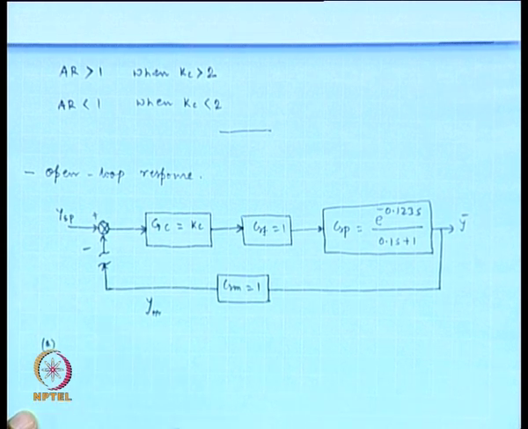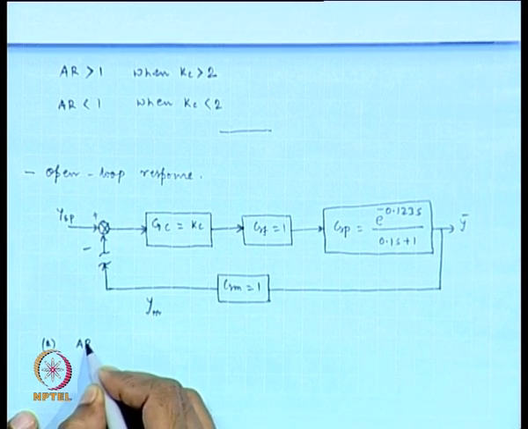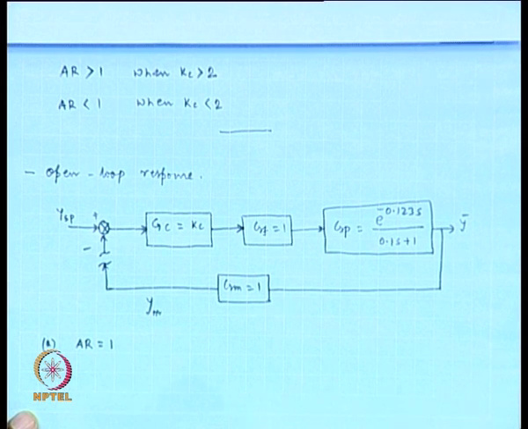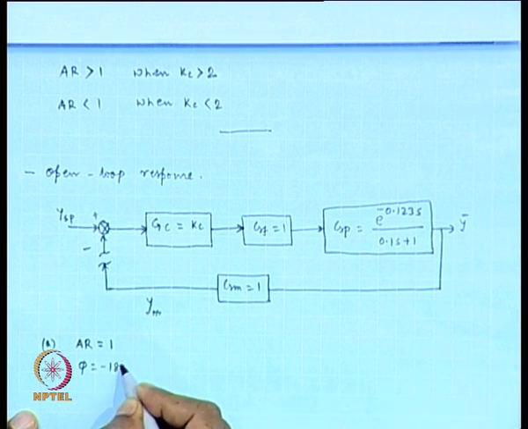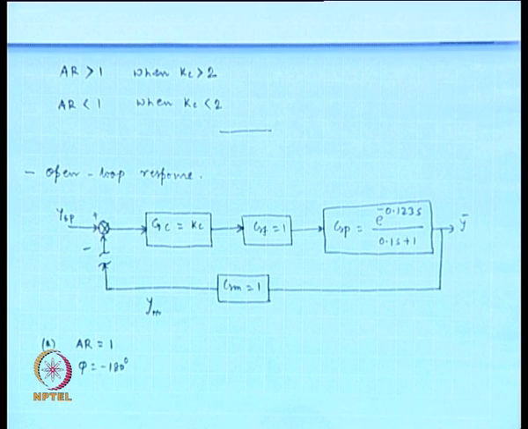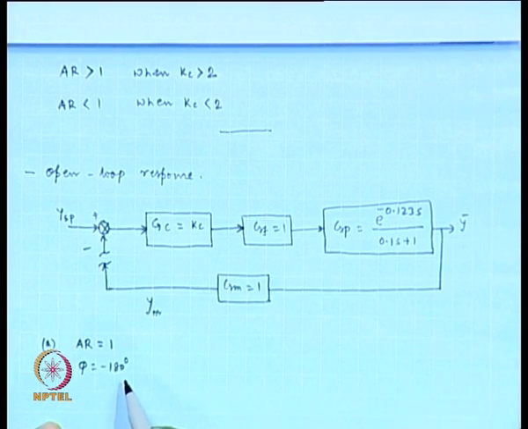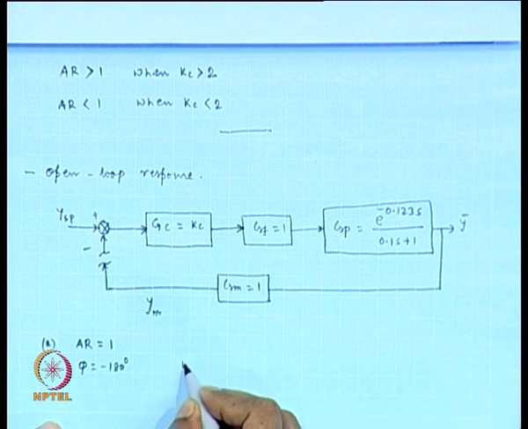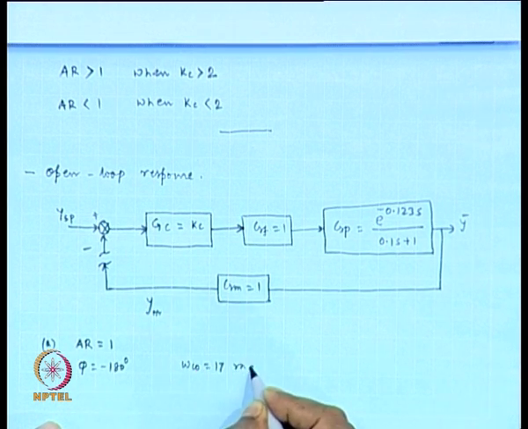In addition, we will consider the following. First, we will consider amplitude ratio equal to 1 and phi equal to minus 180 degree. If we consider phi equal to minus 180 degree, we obtain crossover frequency 17 radian per minute.